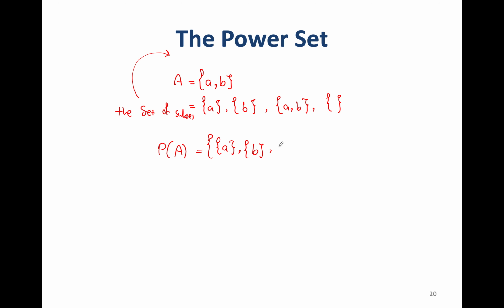And as you know, we need to draw the curly brackets for any set we've got. So this is the power set. And you can see that the elements of power sets are sets themselves.